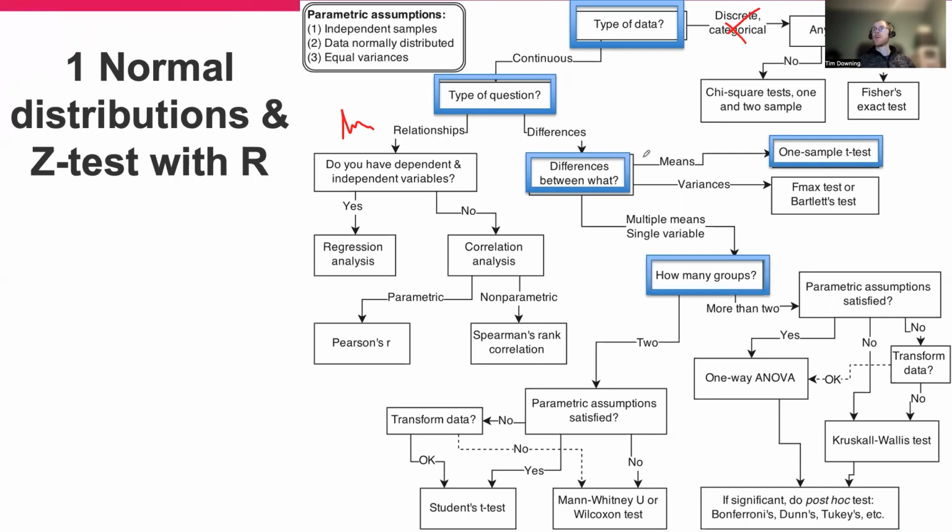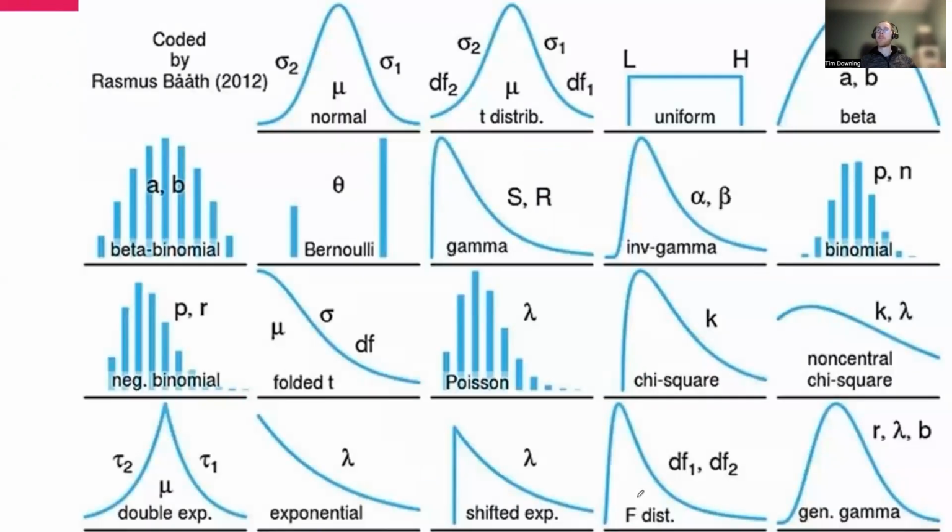So we're mainly looking at two groups here rather than more than two. And we're typically assuming that the parametric assumptions are satisfied, but we're going to probe that further as we go along. So you may use things like t-tests, other types of tests, but there are rank-based alternatives available as well if we have non-normal data.